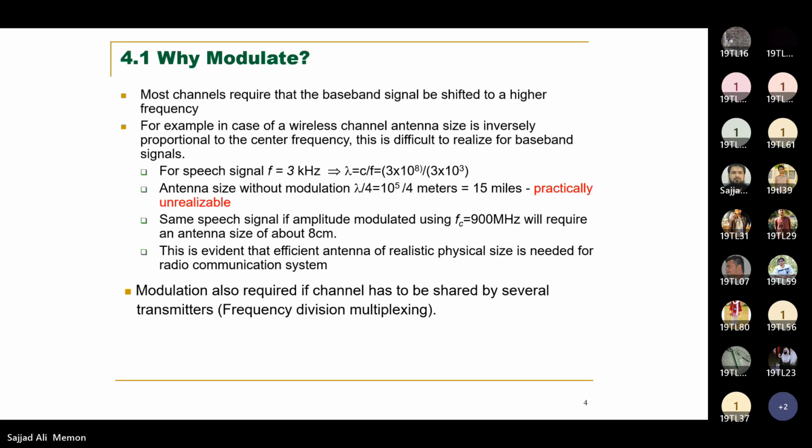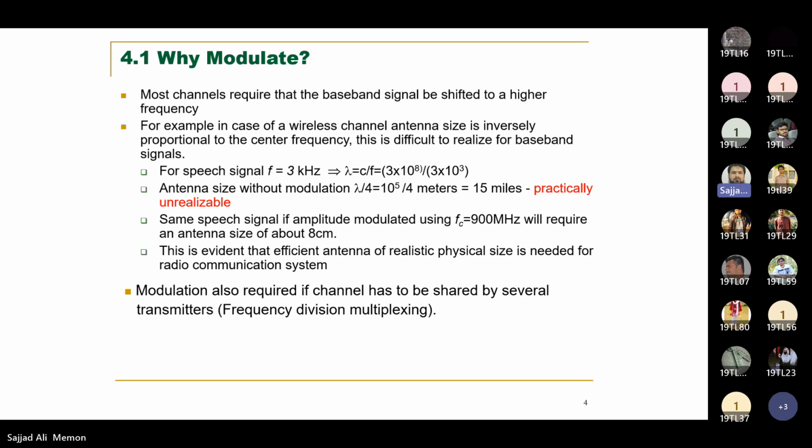How frequency affects the antenna is shown in this example. For a speech signal of 3 kilohertz, lambda will be equal to C over F. Even if we use a monopole antenna, where we divide lambda by 4, it is equal to 15 miles.